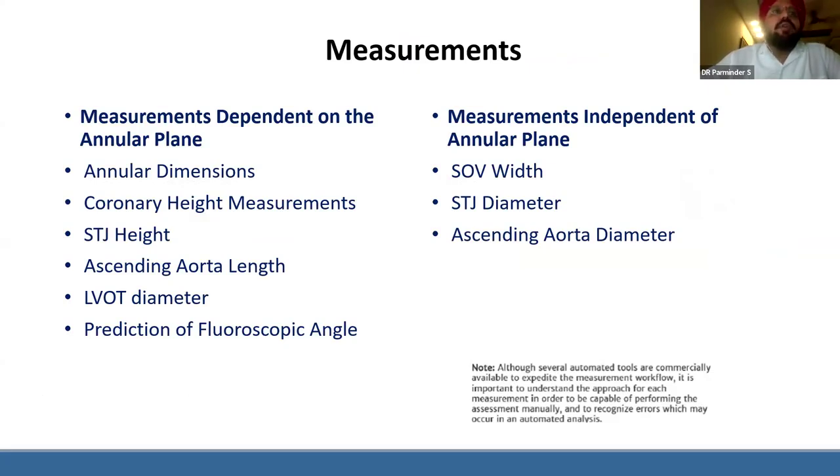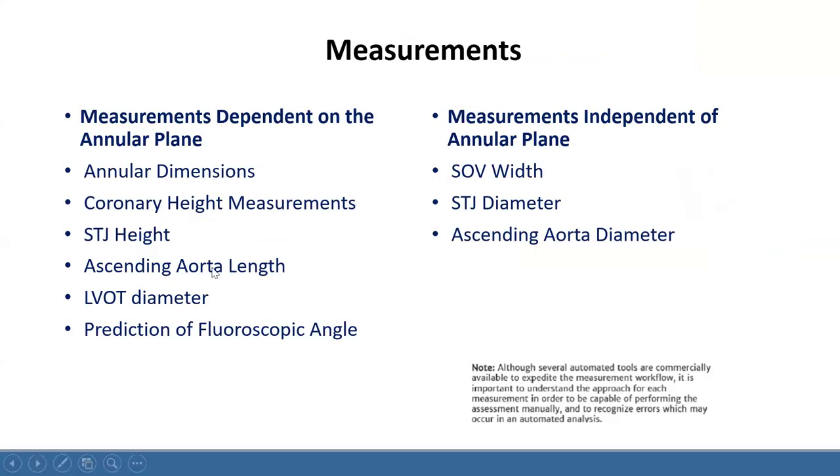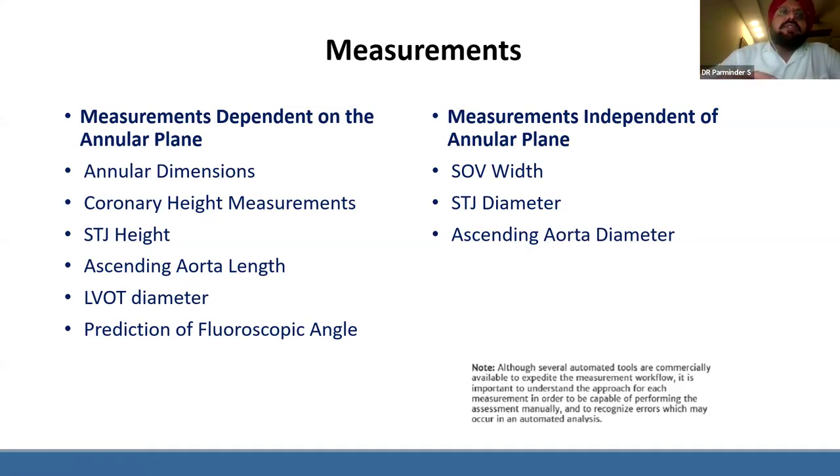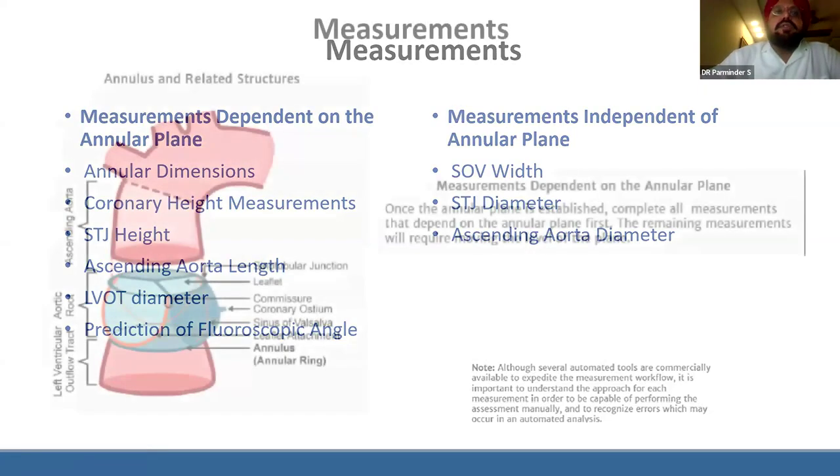The measurements which are important are the annular dimensions, coronary heights, STJ height, ascending aorta length, valvular diameter, and prediction of the fluoroscopic angle, which we have already discussed. So these measurements are dependent on your annular plane. If your annular plane is incorrect, these measurements will be incorrect. So it's very important to have these measurements with a correct plane of the annulus.